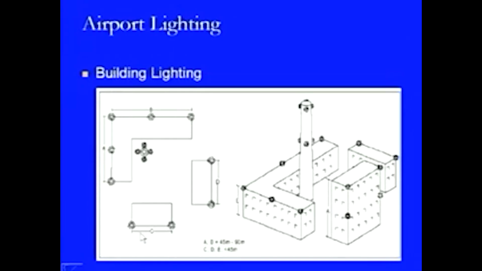Whereas, if it is less than 45 meters, then we can have 2 lights at the ends of those edges. So, that is the way the lights are provided. Similarly, in the case of spherical towers like the control towers or other towers, the lights need to be located at different heights as well as in all the directions.